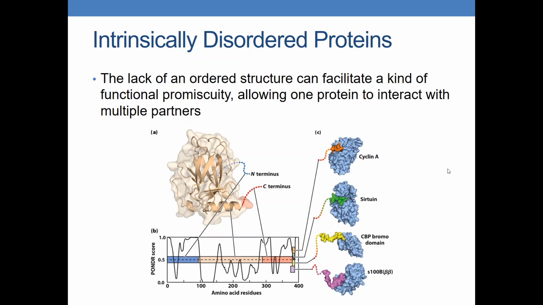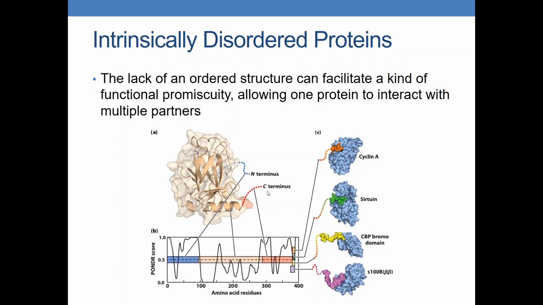Well, this is important because what actually happens is if you look at structures of this protein in complex with cyclin A or sirtuin or this CBP bromodomain or this thing here, you'll see that the C-terminal disorder changes.